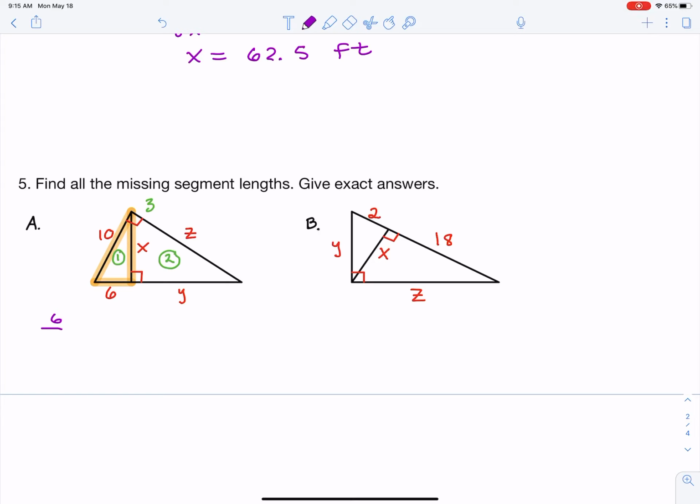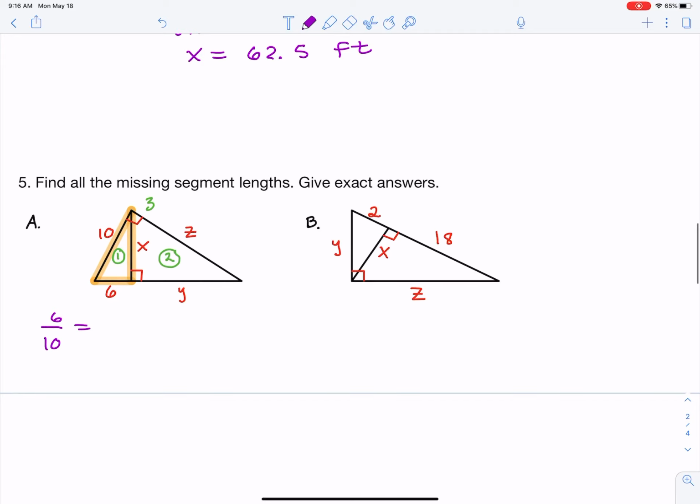So 6 is to the short side of triangle 3, which is this. That ratio has to be the same as the ratio of their hypotenuses. The hypotenuse of triangle 1 is 10, as the hypotenuse of triangle 3, which is 6 plus y.